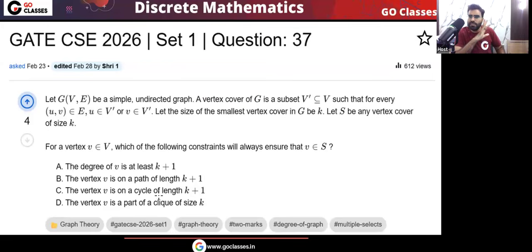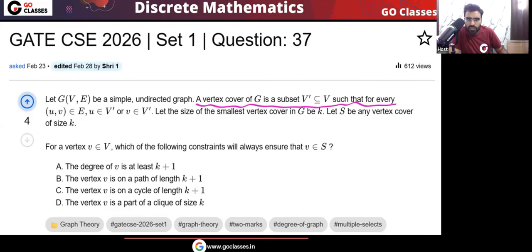Yes or no? Very simple. So it is given that a vertex cover is a subset of vertices such that every edge has at least one of its endpoints in the vertex cover.